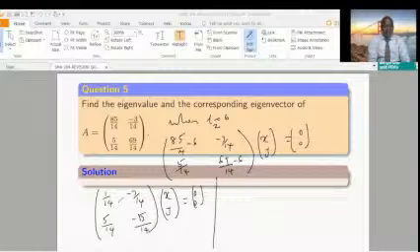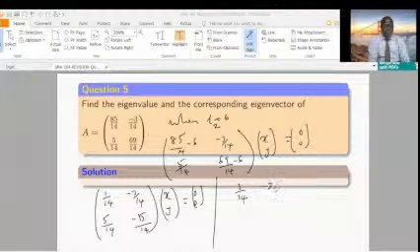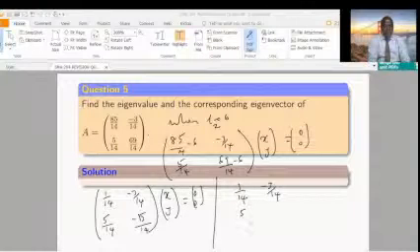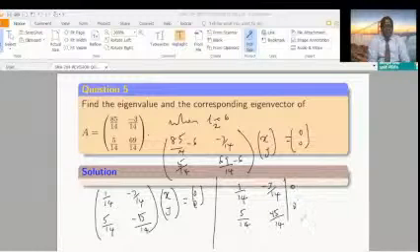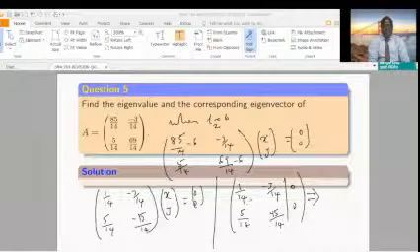So it will be 1 out of 14, negative 3 out of 14, 5 out of 14, negative 15 out of 14, 0, 0. And this time, I want to create a leading one here.